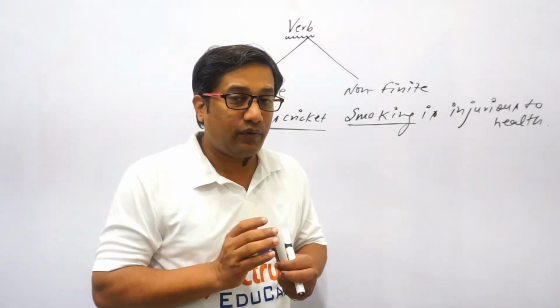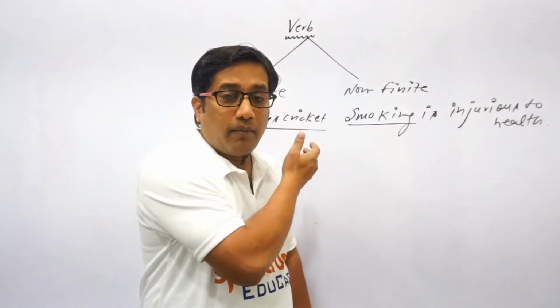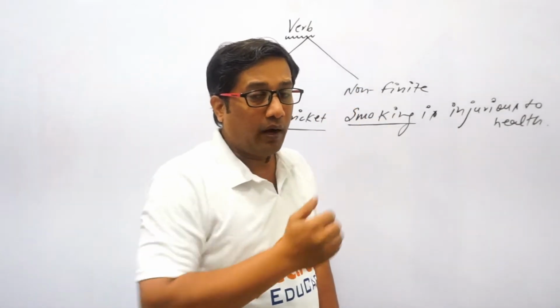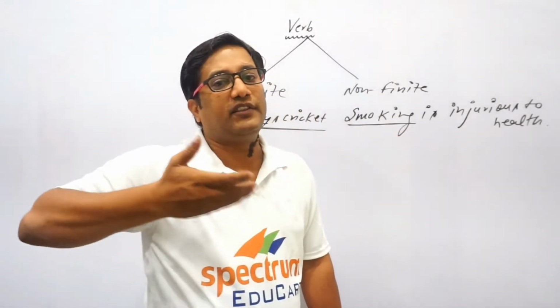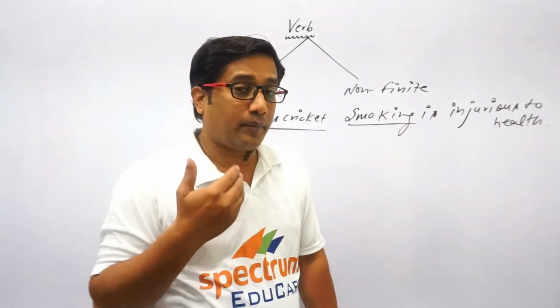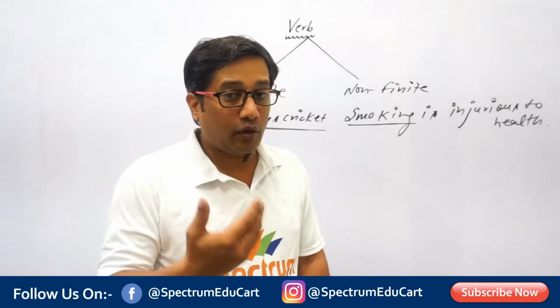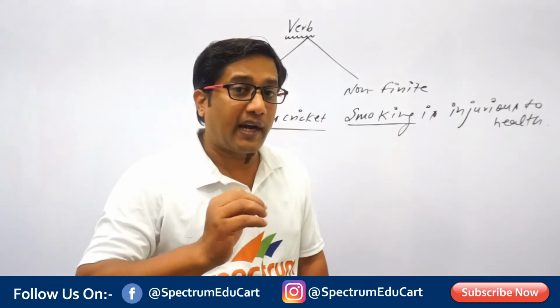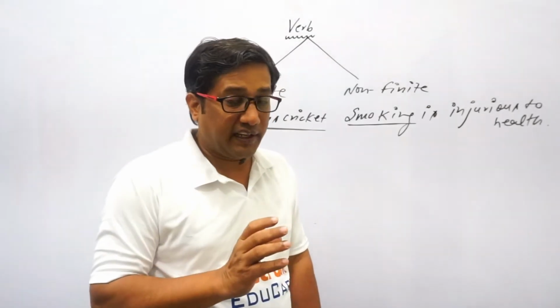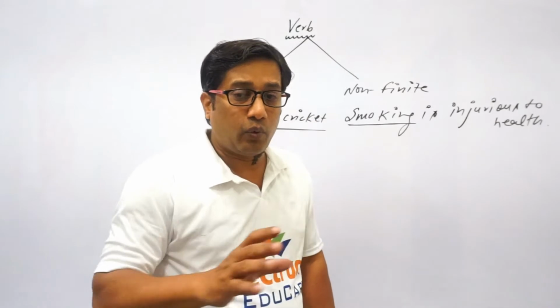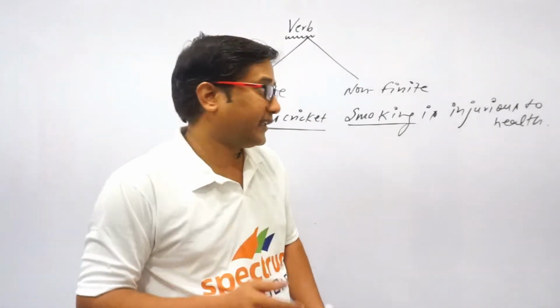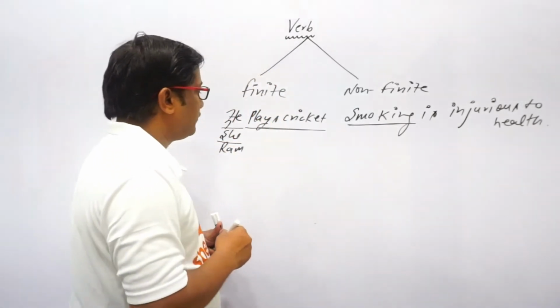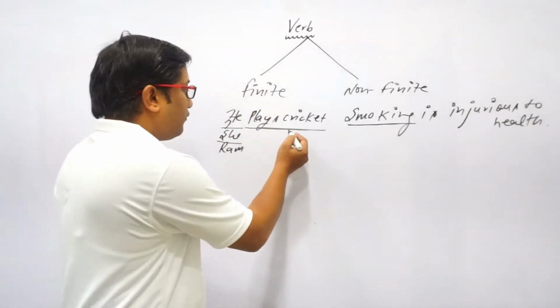That is the difference between finite verb and non-finite verb. Finite verb again has several branches that have to be prepared for learning comprehension and writing skills. So now let's see exactly what its branches are and how we can prepare it. First of all, let's start with the finite one.